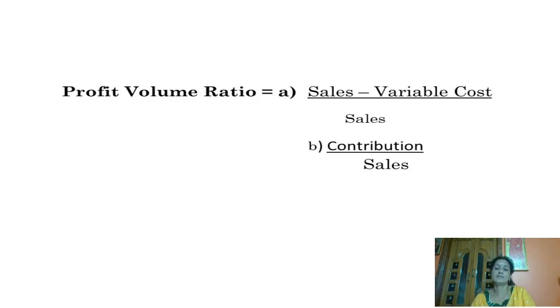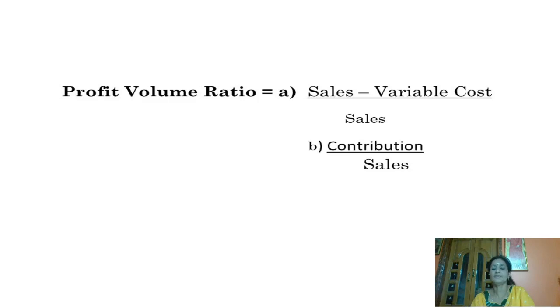Again, sales minus variable cost is nothing but contribution. So directly you can take contribution divided by sales also. Contribution is 60,000; 60,000 divided by sales will give you profit volume ratio. In the first example, sales minus variable cost we took as 1 lakh minus 40,000, so that will be 60,000 divided by 1 lakh.